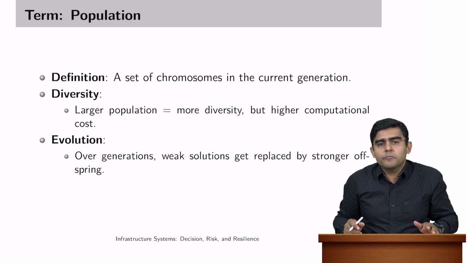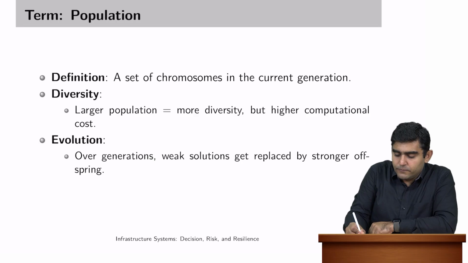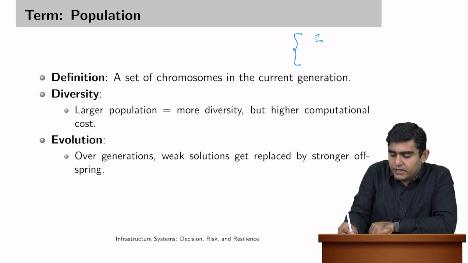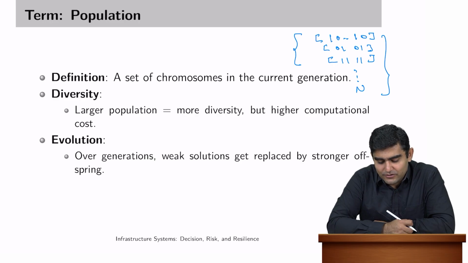a set of chromosomes would be called the population. So for example, you can have 20 members in your population, and they would look like 1001001010111 and so on. I can have some n number of combinations here. So this is going to be my population in this context.